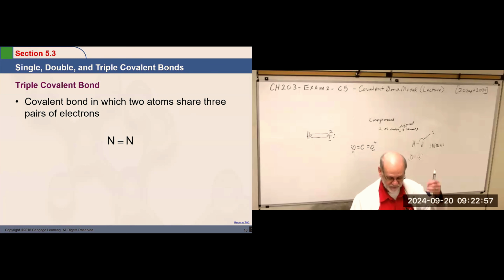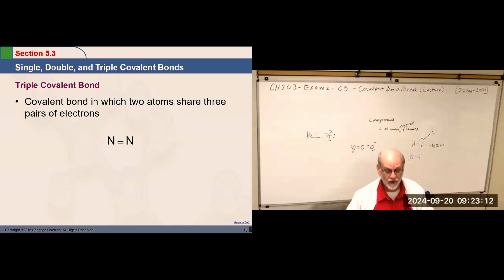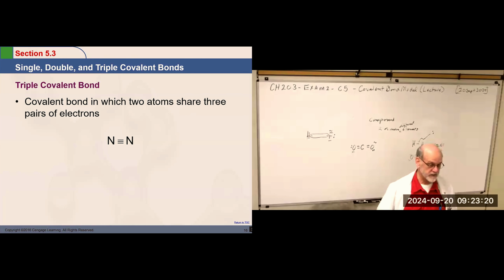There's your triple covalent bond between 2 nitrogen atoms. That's why nitrogen is such a stable molecule. In fact, anybody like potato chips? Yeah, everybody likes potato chips. You don't like them when they go stale, do you? No. Most of the time, they don't last that long. But if you keep a bag around for a while, it will go stale.